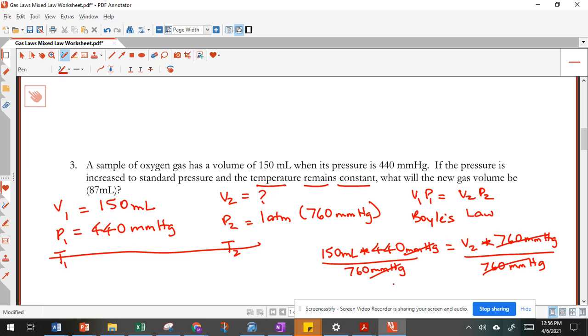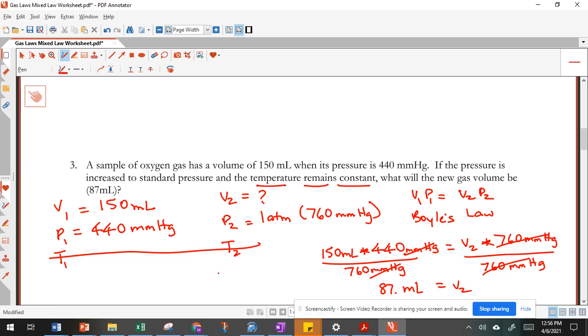And this gives us 86 point, and this is actually two significant figures, so I'm actually going to round this to 87 milliliters. So you notice here the pressure is increasing.